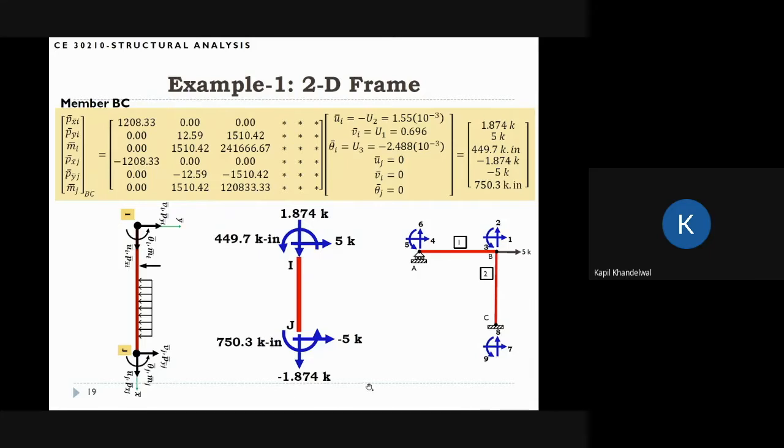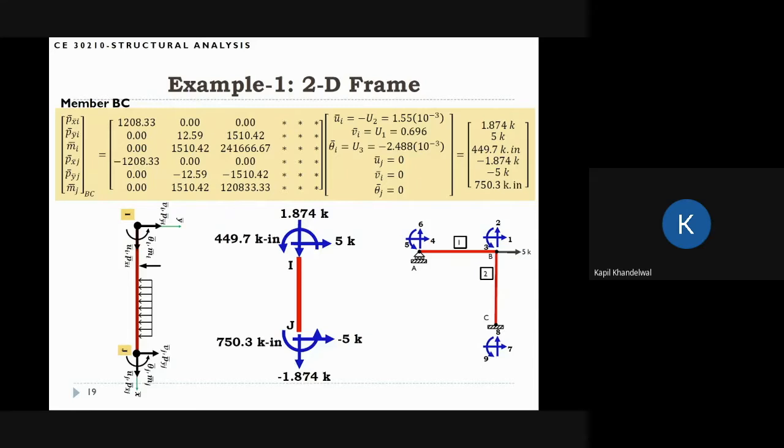If we want to draw the shear force, axial force, or moment diagram, we can do that. That is typically what is needed for design, but we are not going to draw these in our class. But this information is sufficient to draw the shear force and bending moment diagrams. And this is the solution for this problem.